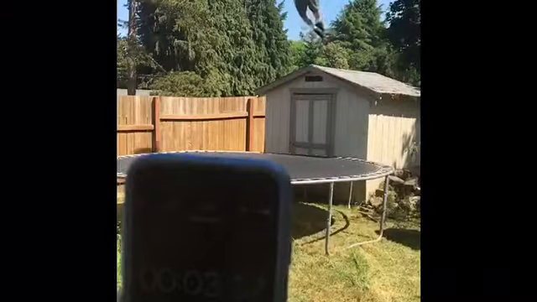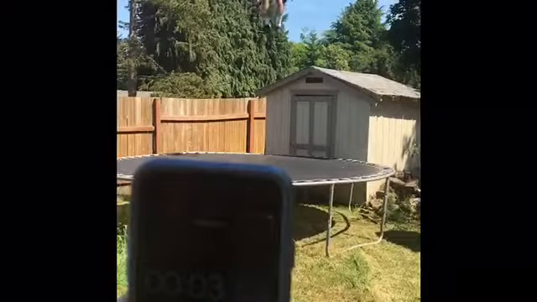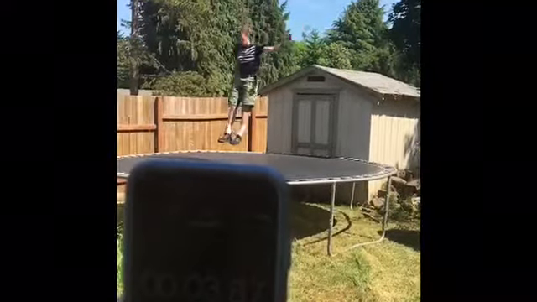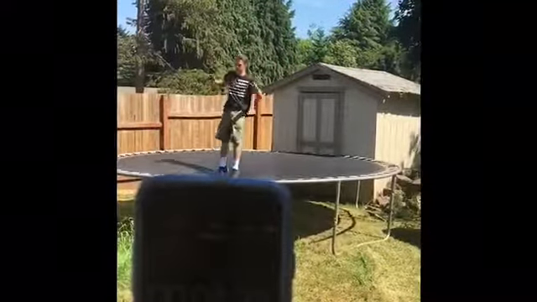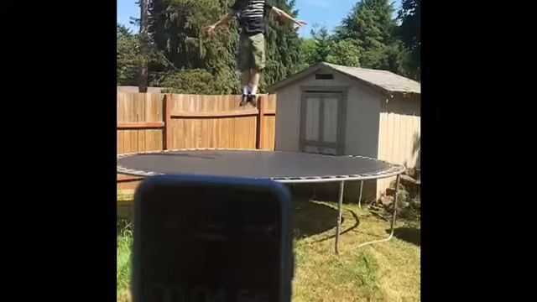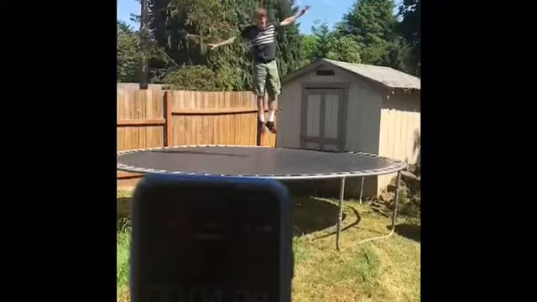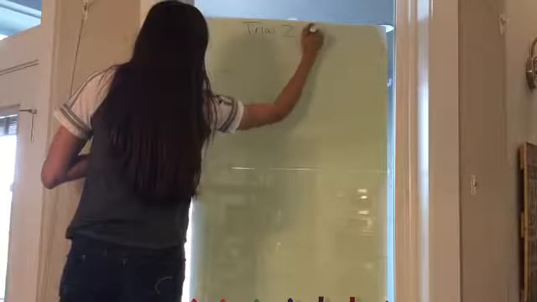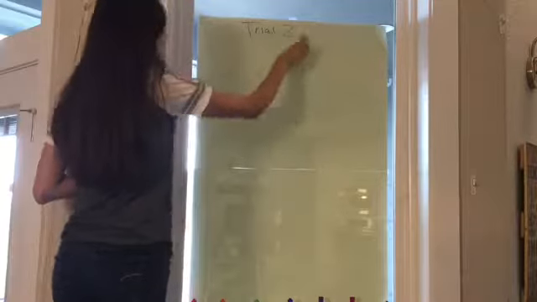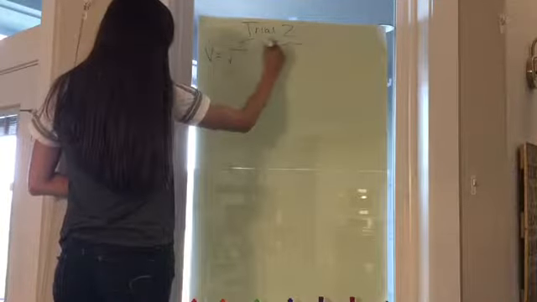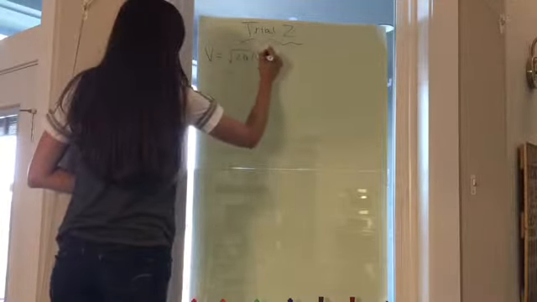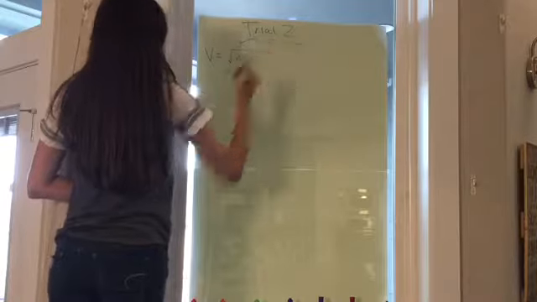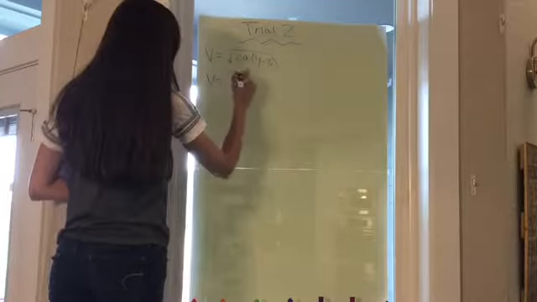In our second trial, Rustin leaped above the shed to create a new and higher initial height. We use the same kinematic equation with our new measured values to find his new velocities.